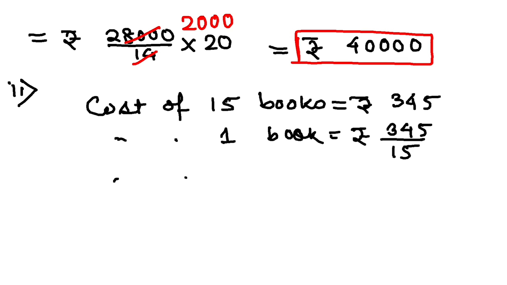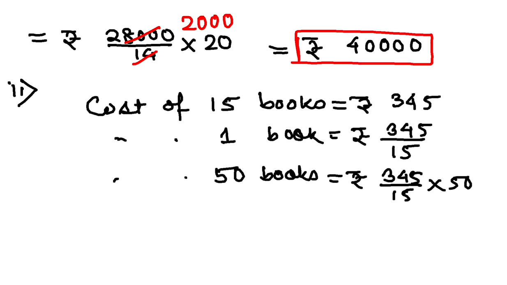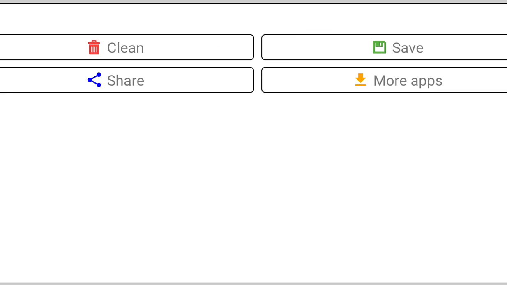So cost of 50 books is rupees 345 by 15 into 50. Please bring it to the lowest form and calculate. The final answer will be rupees 1150. Calculation I am leaving up to you. Obviously you can do this. Now let's go to question number 3.